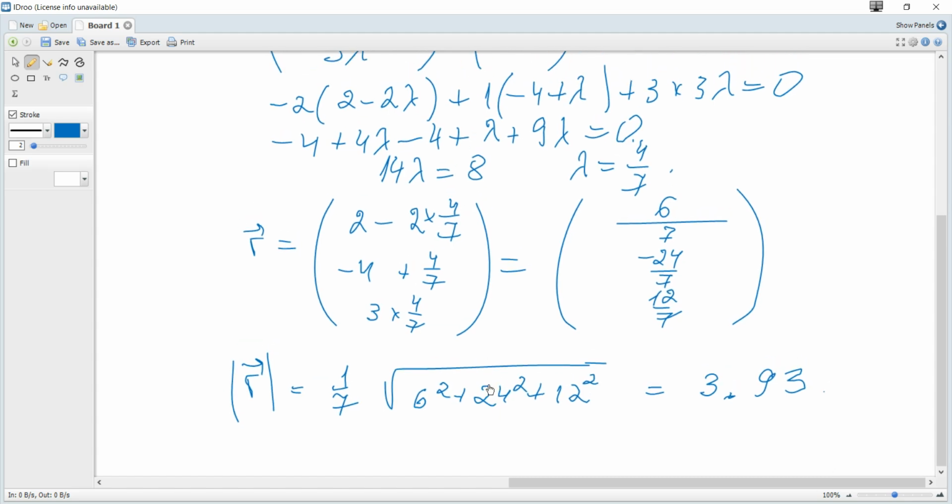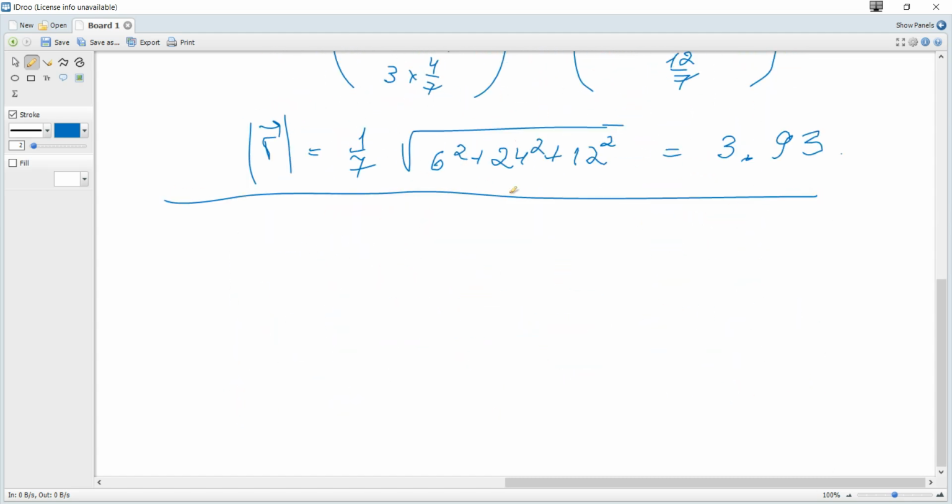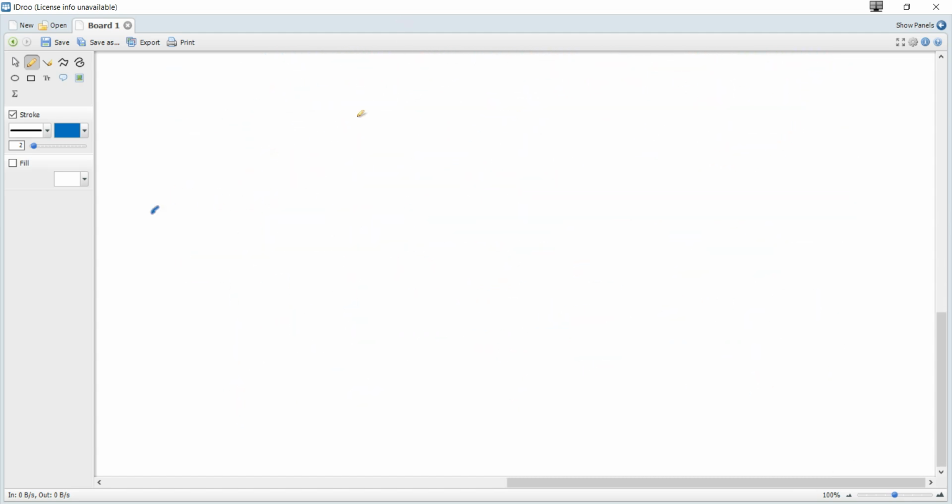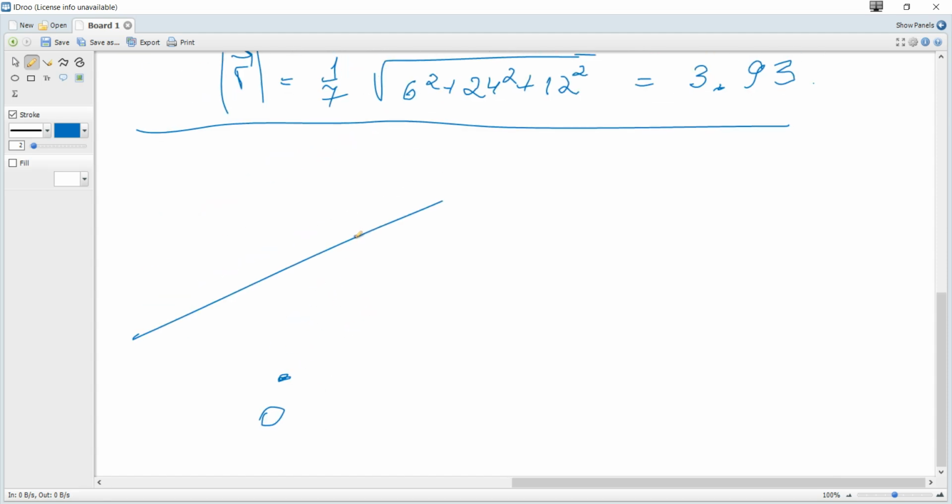The second method is to consider just an arbitrarily chosen point, whose position vector is r, and the distance from the origin to any point on the line becomes just the magnitude of this vector.